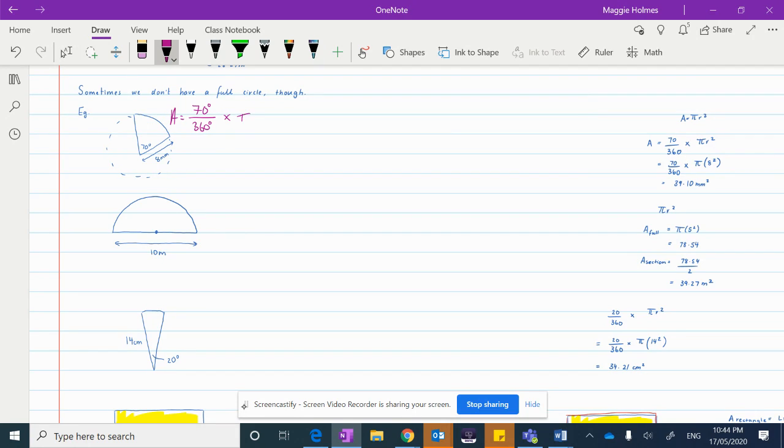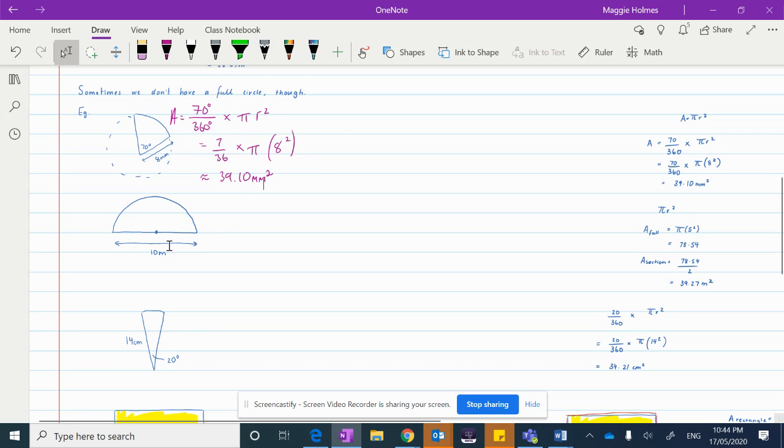So that's 70 over 360 times pi r squared. You can simplify this fraction down, so that simplifies down to 7 over 36. You don't need to put the degree signs in for this part. Pi, and the radius is 8 squared. You can put that straight in your calculator from here, and you get 39.10 millimeters squared. We're in millimeters.